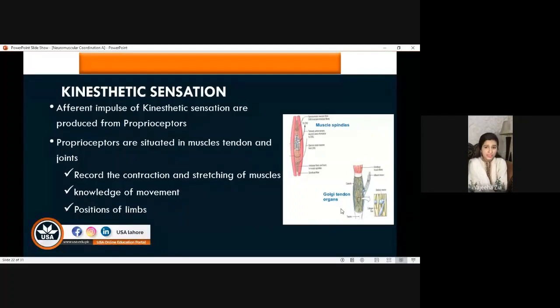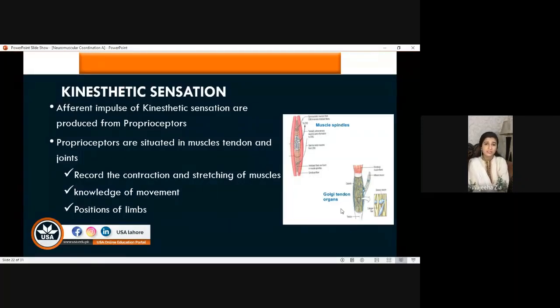The Golgi tendon or the muscle spindle are responsible for the calculation of muscle contraction and muscle relaxation. So if we are not even looking at anything, we can perform those activities. How? With the help of these proprioceptors.